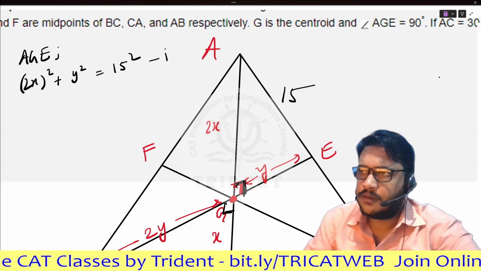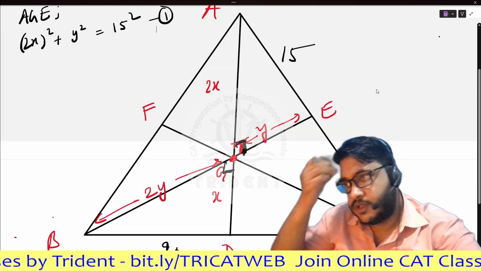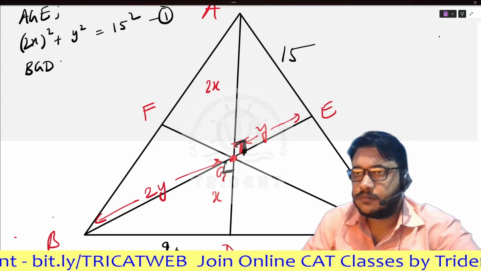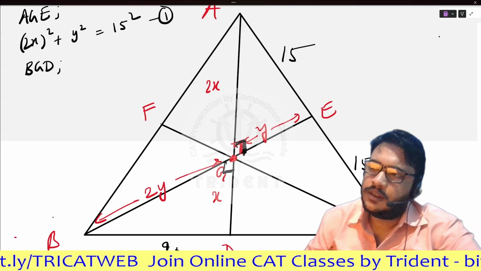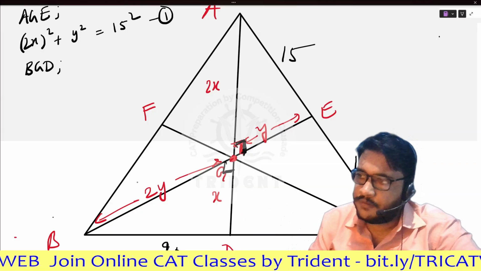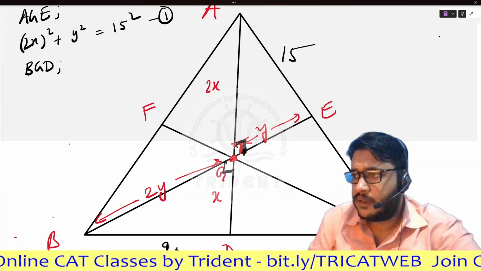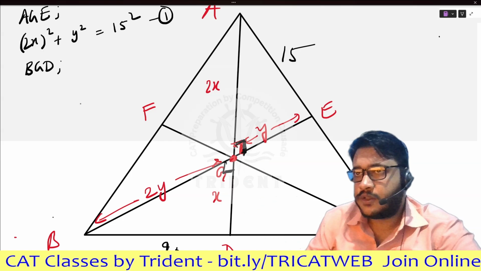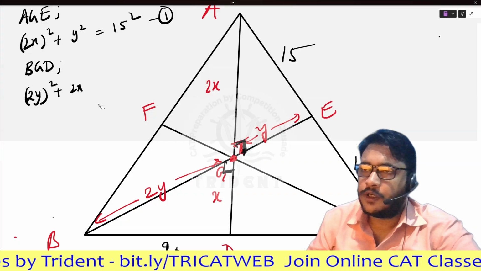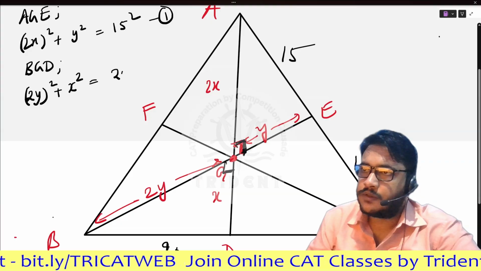Let's keep it at that. Okay. We have another right angle triangle which is BGD. BGD is also a right angle triangle in which you have 2y square plus x square is equal to 20 square.